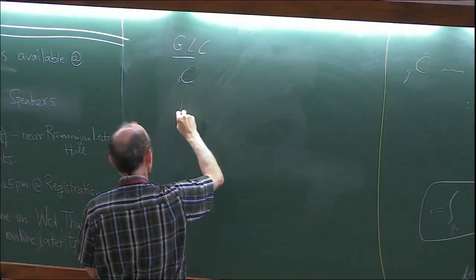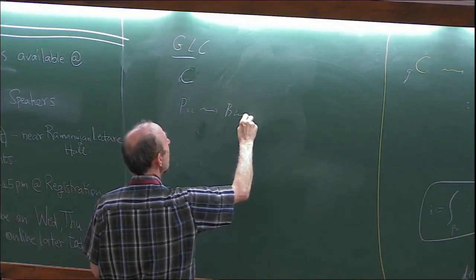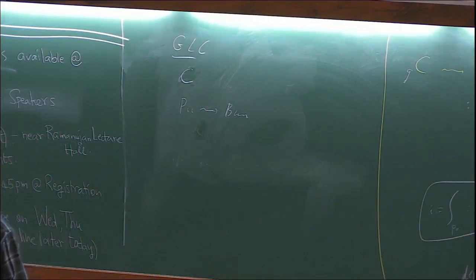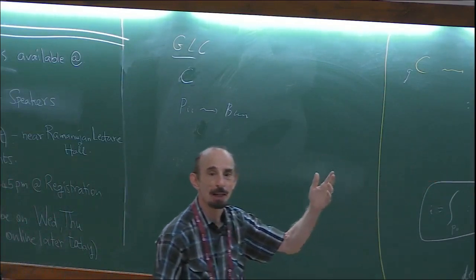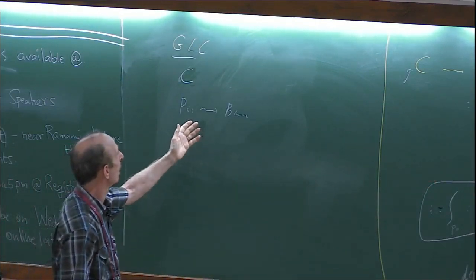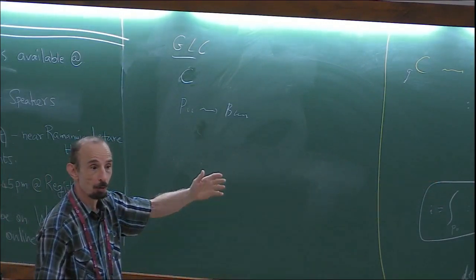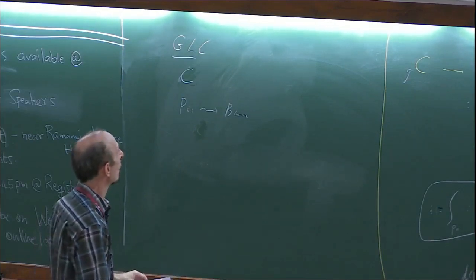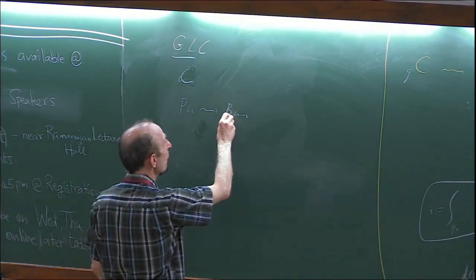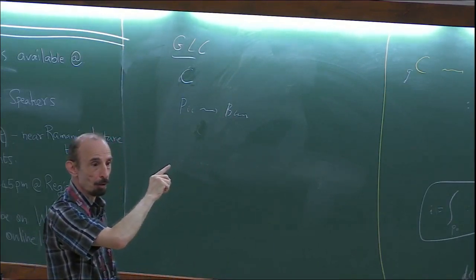The Picard gets replaced by Bun. So instead of the group being essentially GL1 or C star, you could take your group to be GLN. You could take it to be any complex reductive group. SON, and so on, things like that. So Bun is the moduli space of G bundles on the curve.